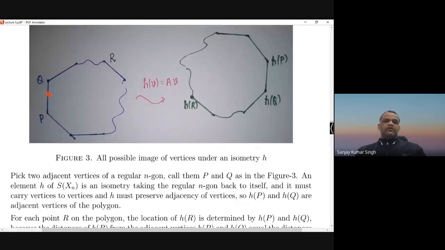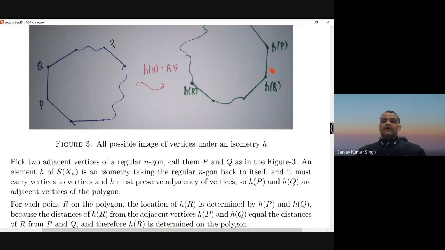Suppose PQ is here and H is an isometry, then Q doesn't go like here. Why? Because P and Q are adjacent and their distance is fixed. So whatever will go, it will be some edge which is coming from HP. So it will be adjacent to HP.